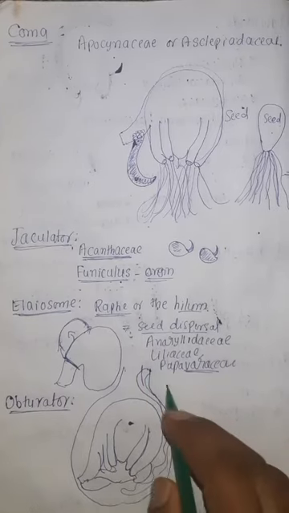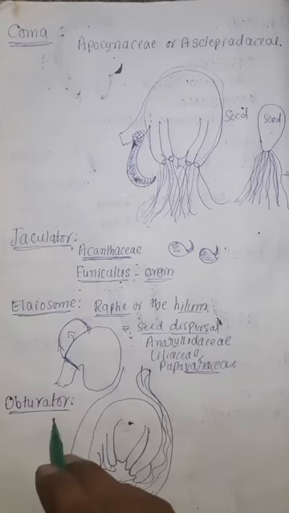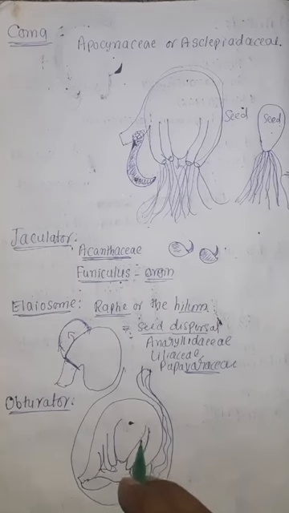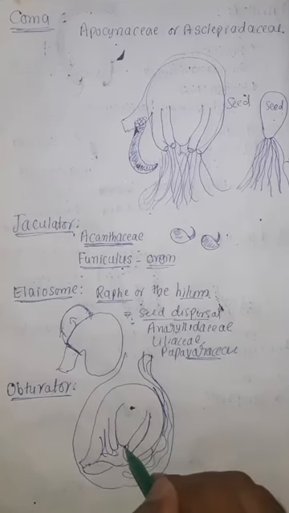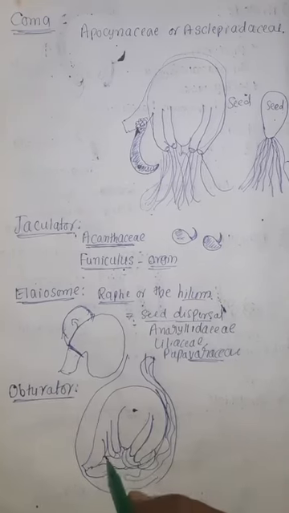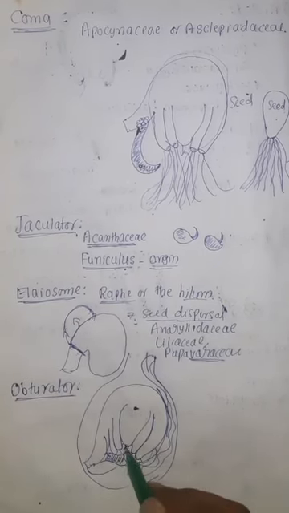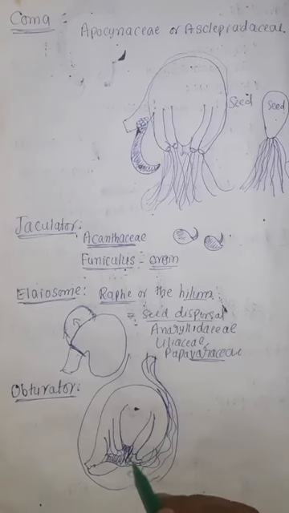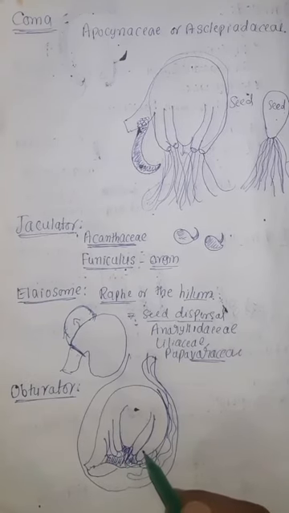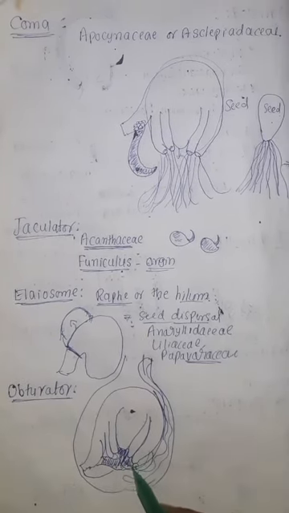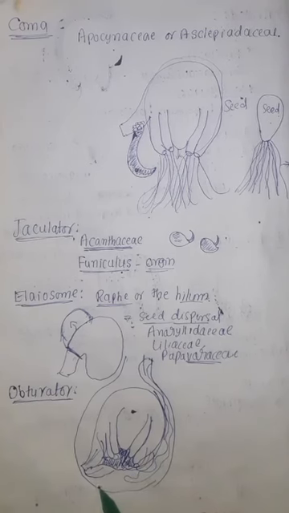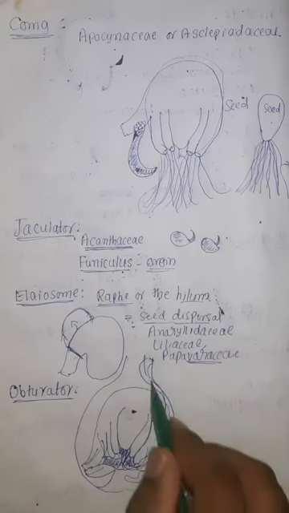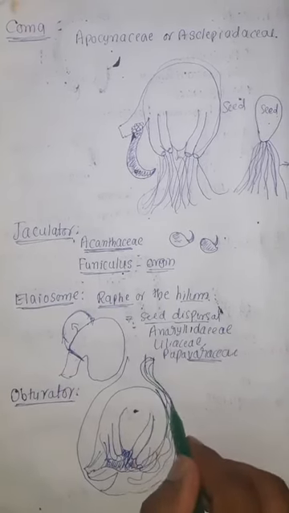Whatever it may be, the only function of the obturator is to direct the pollen tube towards the micropyle. Actually it is the obturator which is very close to the micropyle. It is nothing but a tissue which originates from the funicle or placenta or hilum or integuments, or sometimes ovary walls, or sometimes even from the stylar tissue.